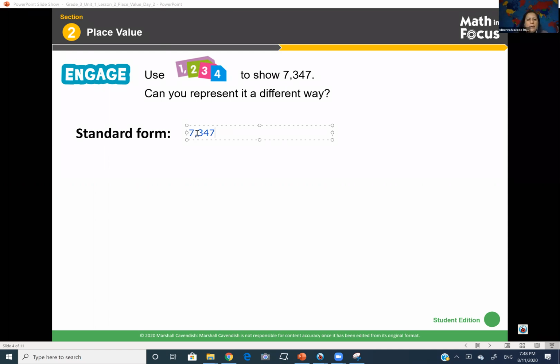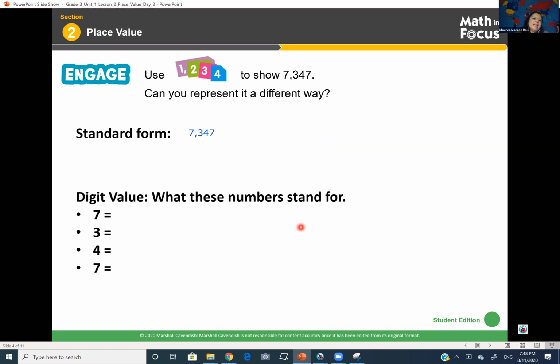Now, what else can we do here? Okay. Now, we can find the digit value of each of the numbers. We can tell what they stand for. So let's look at some sentence strips here.